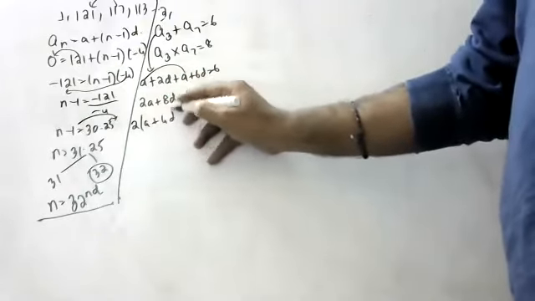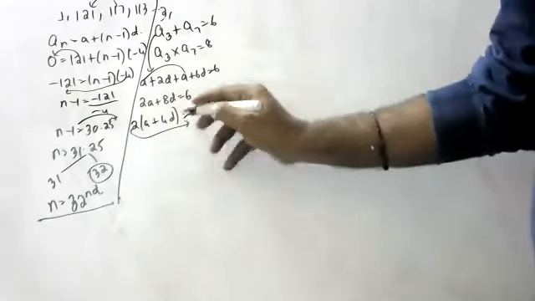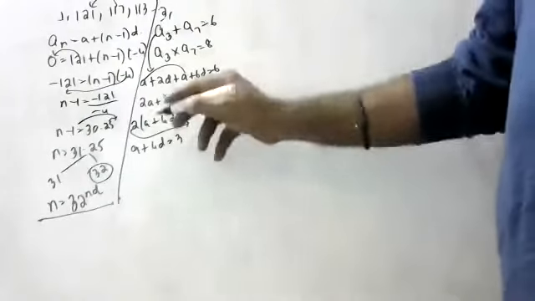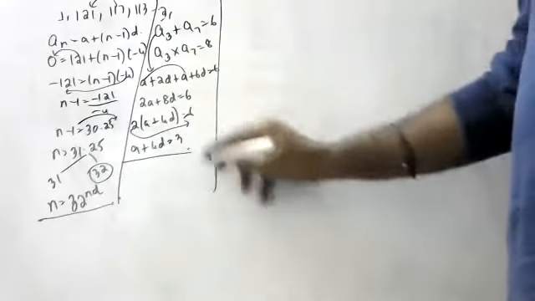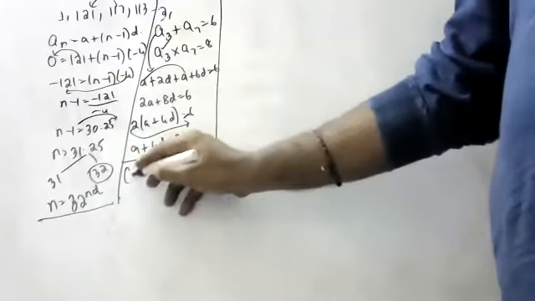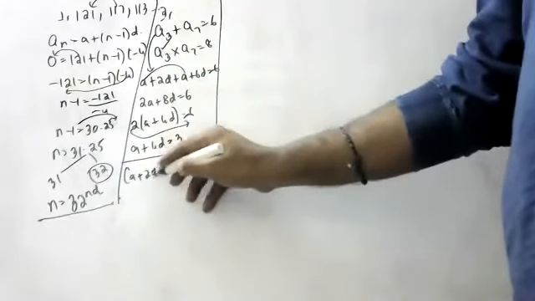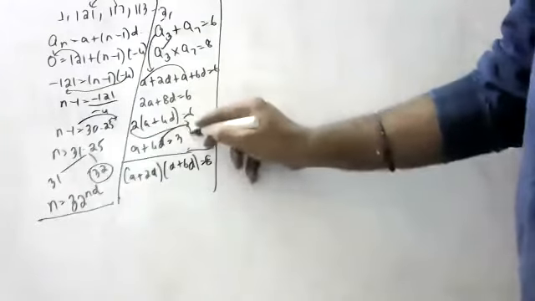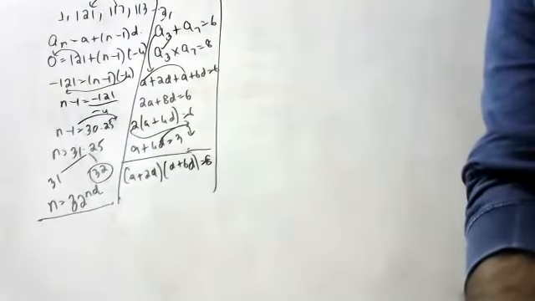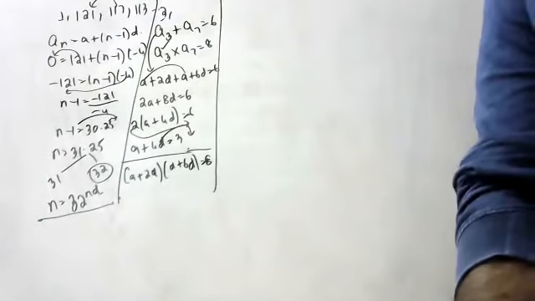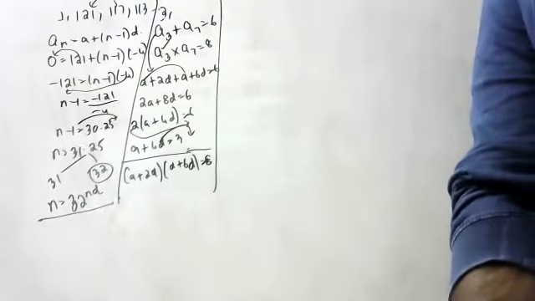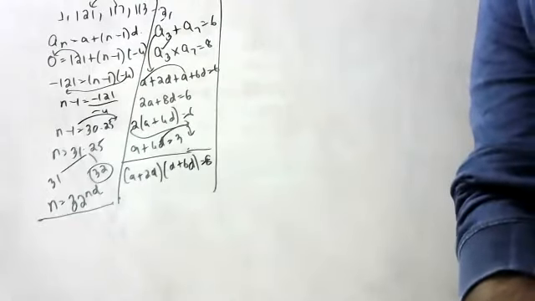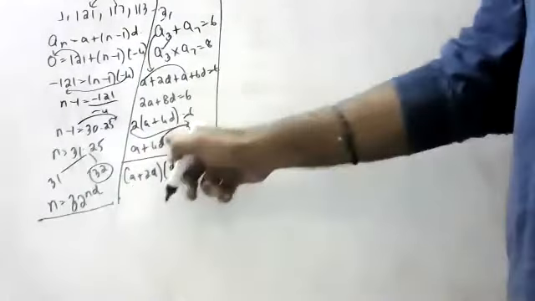A plus 4d is equal to 3. And (a plus 2d) into (a plus 6d) is equal to 8. A we can write as 3 minus 4d.